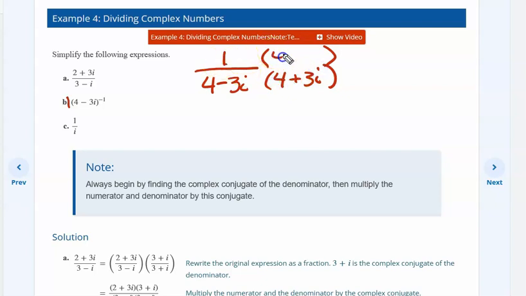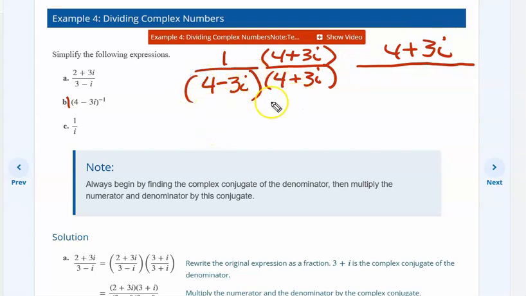And again, the numerator, 4 plus 3i. Now remember, we're multiplying this fraction by 1. Doesn't change its value. So our numerator is going to be straightforward, 4 plus 3i. But what will the denominator become? Well, when we FOIL this, and I can do it over here, we'll get 16.